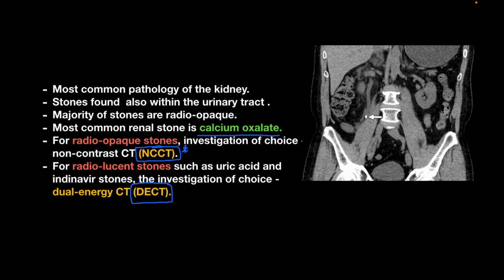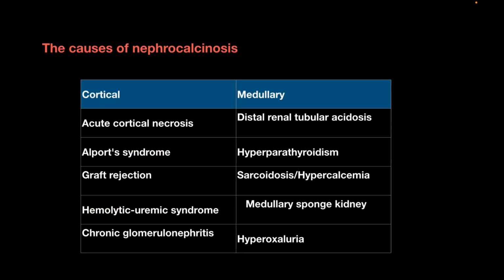Now, what are the causes of nephrocalcinosis? So we divide these causes into two parts, that is cortical and medullary.